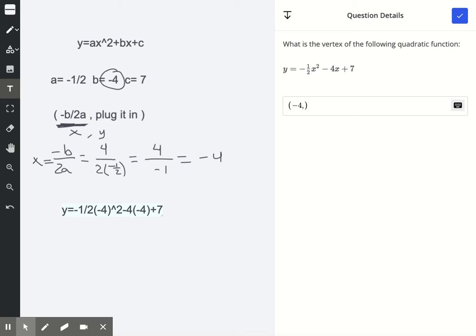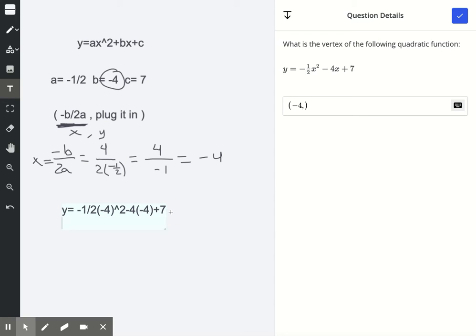Now, I know you have a graphing calculator, so if you type this exact thing into your graphing calculator, then you'll get the answer. You can't drop a negative. You have to be very careful with parentheses. Very, very careful. Or you can show your work.